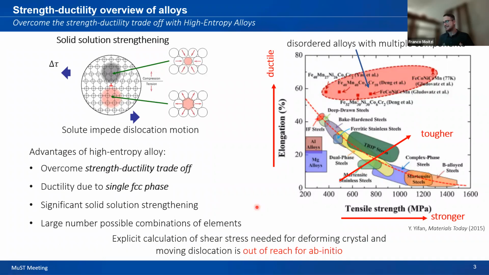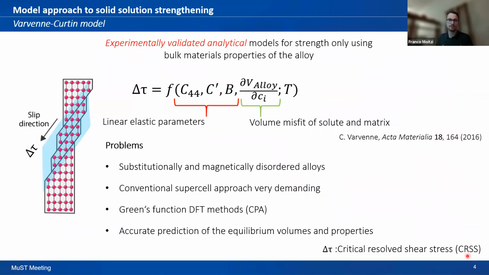However, it is clear that explicit calculation of this shear stress that is needed for deforming the crystal and moving the dislocation is effectively out of reach for ab initio methods. But one can really reduce the complexity of the problem by using a model approach. Actually, this is the coolest approximation, I think, that one can do.